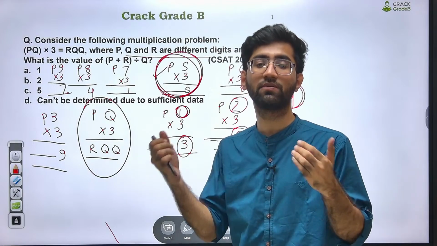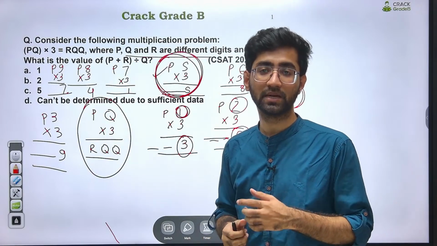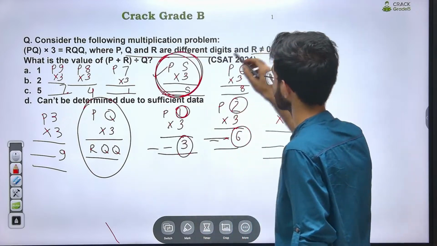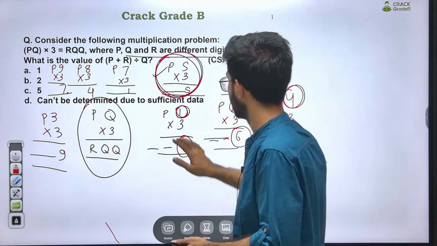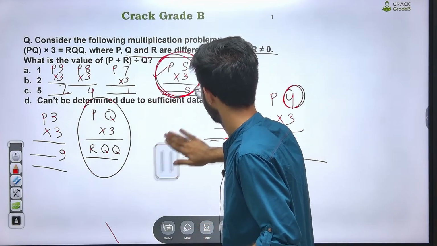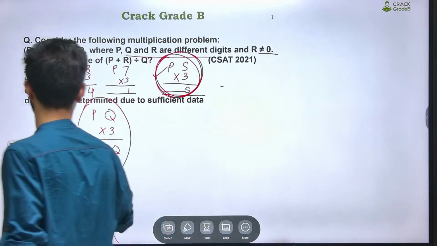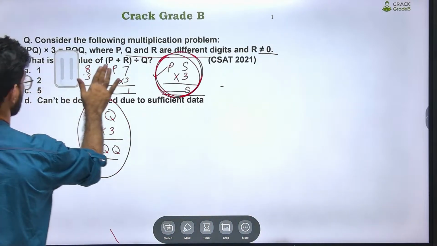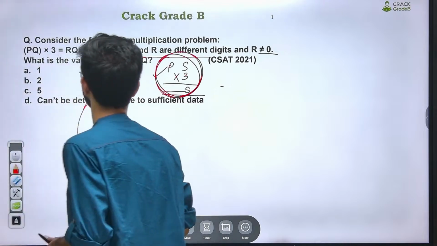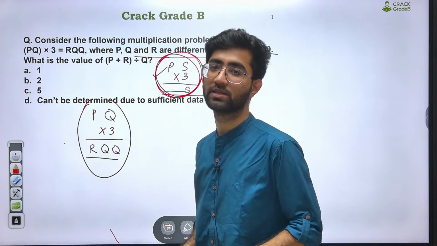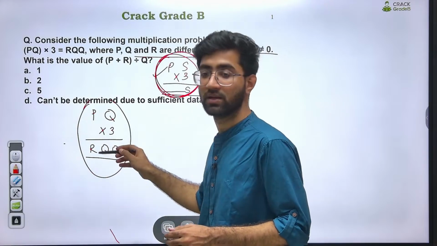Okay, once we have found the value of q, that is 5, we can check for other digits. Now notice that we are erasing other things. Now look at the question. Question says, if you multiply PQ with 3, you should get RQQ.